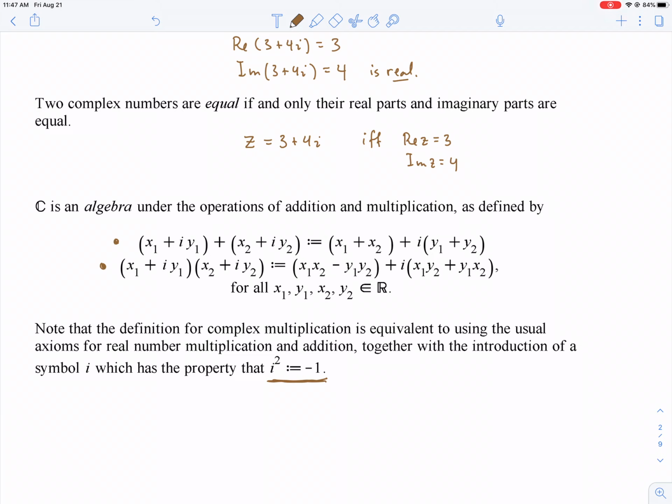So if you FOIL on the left here, you get x1 x2, and then you get also an iy1 times an iy2, which is an i squared y1 y2, and you just replace the i squared with a minus. And that gives you the real part of the product.